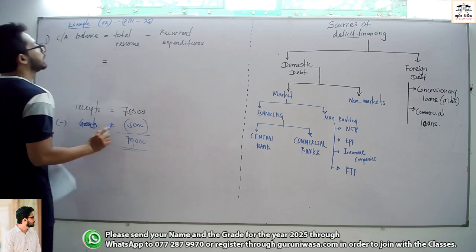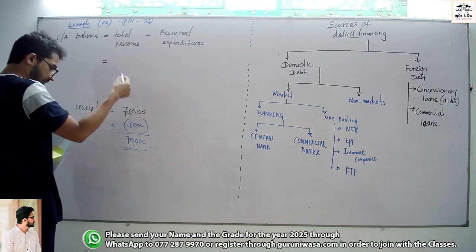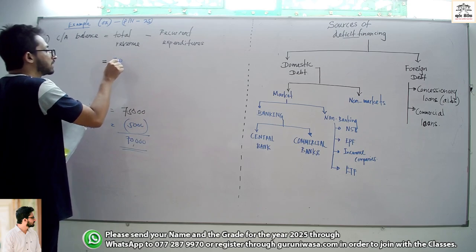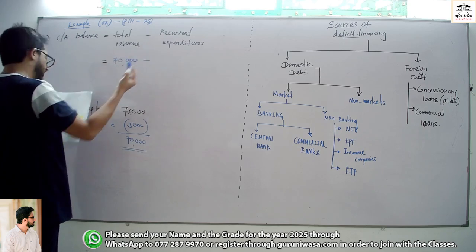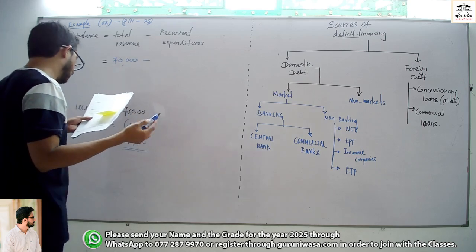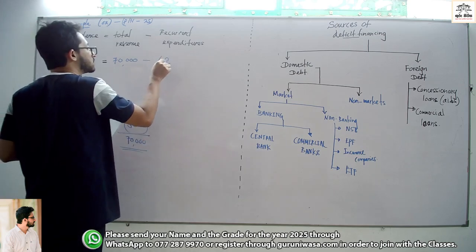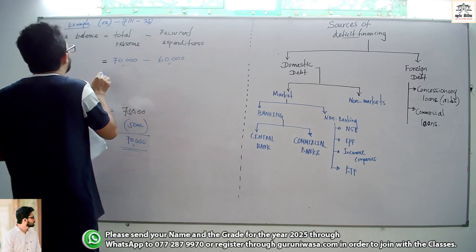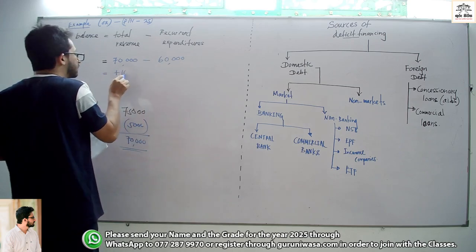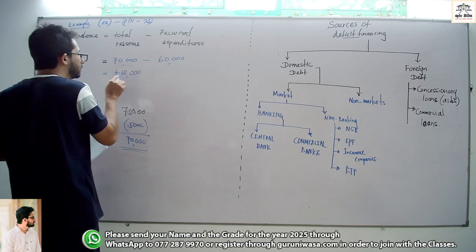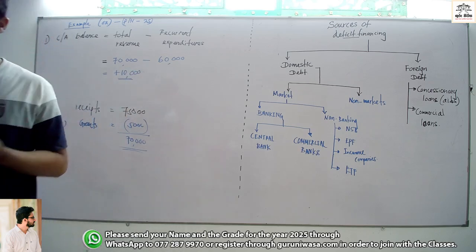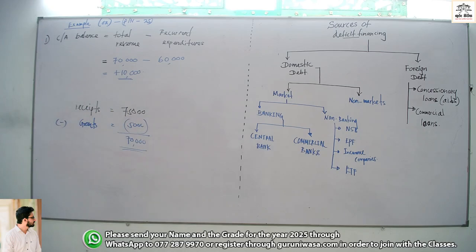When calculating current account balance, only 70,000 should be taken, minus recurrent expenditures given. Recurrent expenditure 60,000. Then the current account balance is plus 10,000. This is surplus now. Good. Having a current account surplus means we can say it's a good achievement. 10,000.